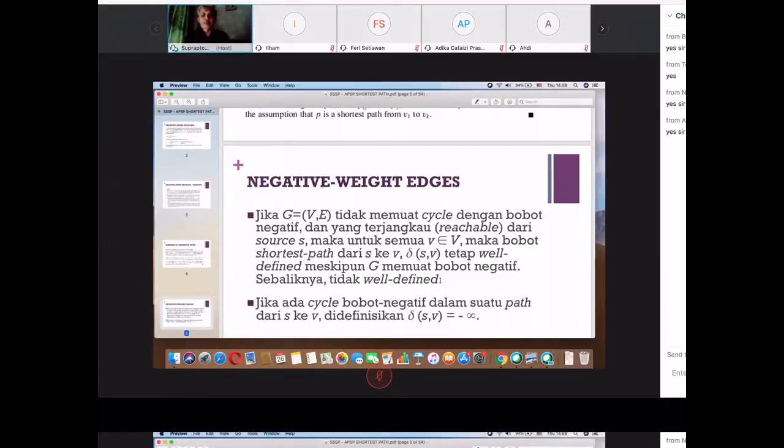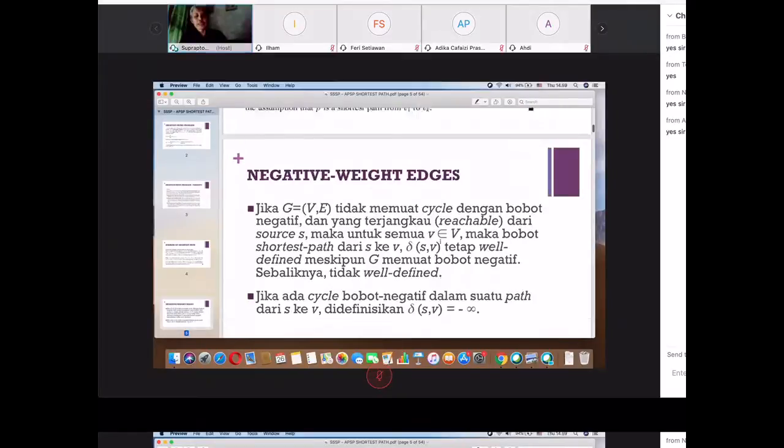It means that when G contains a cycle with negative weight reachable from S, the source, then G doesn't have any solution about this path. That is why it's not well defined. So the requirement for G to have a solution is that G doesn't have any negative weight cycle reachable from source S.